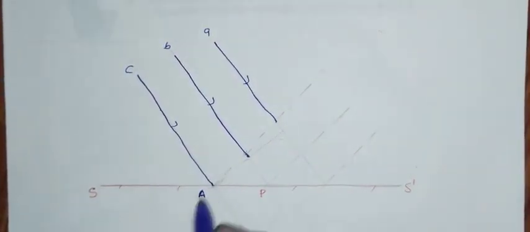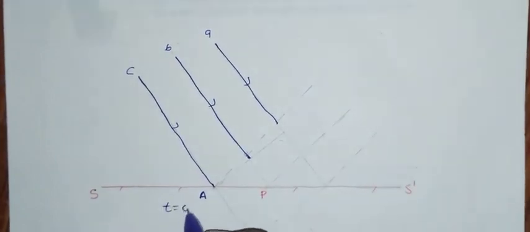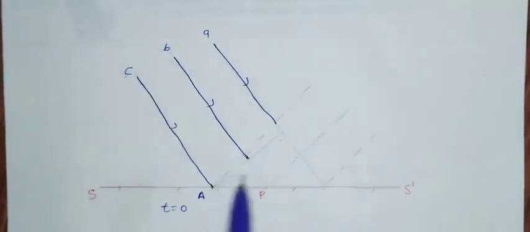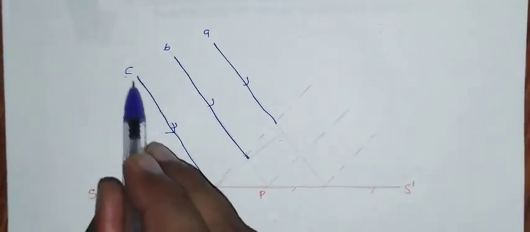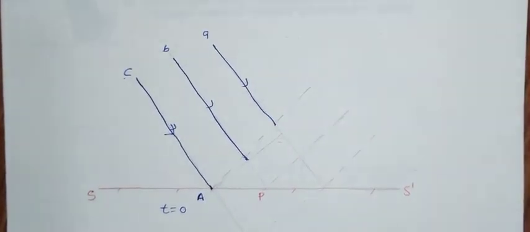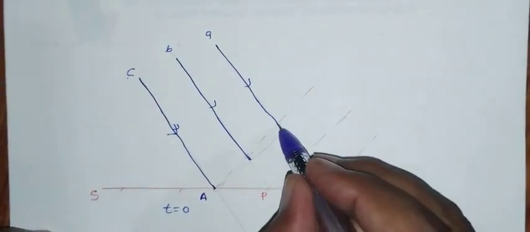Let us see, at time t equal to 0, the ray represented by C is at point A.